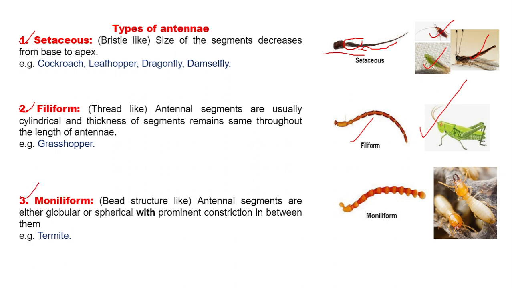Moniliform antennae are beaded antennae. In this type of antennae, the antennal segments are either globular or spherical with prominent constriction in between the segments. Moniliform antennae are found in termites. See, this is the moniliform antenna.